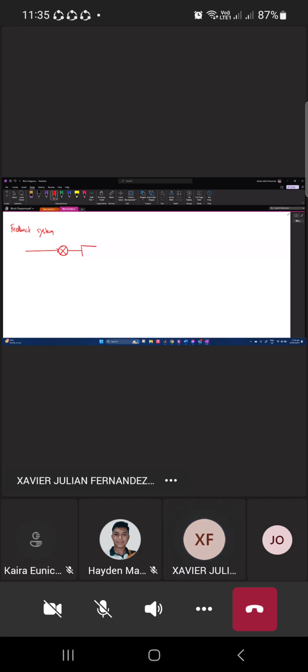Now we have, let's say, a controller and a plant transfer function, which is G of S, and the output, let's call that Y of S. This is R of S. And we have a feedback block. Yes, negative feedback.